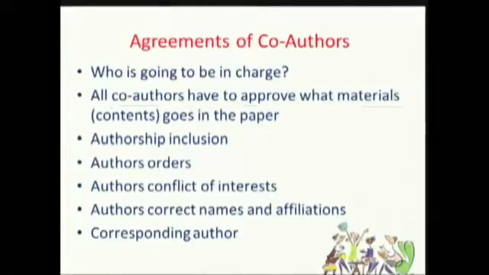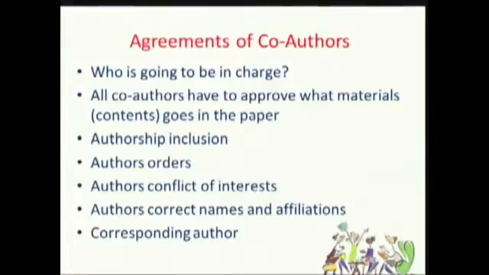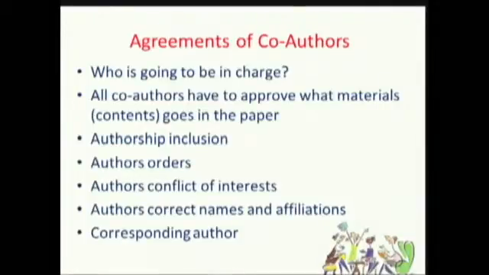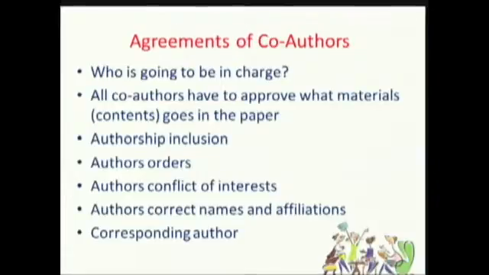Unfortunately, the international regulation does not talk about the author's order, but it talks about authorship inclusion. So to be entitled to be an author in a paper, you have to satisfy certain requirements, and these are set by the international standards.